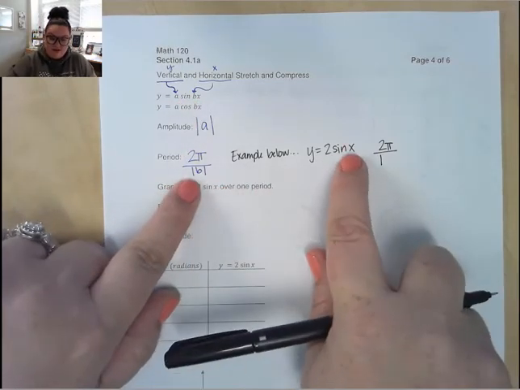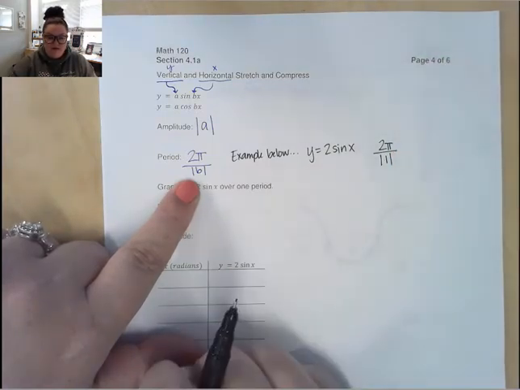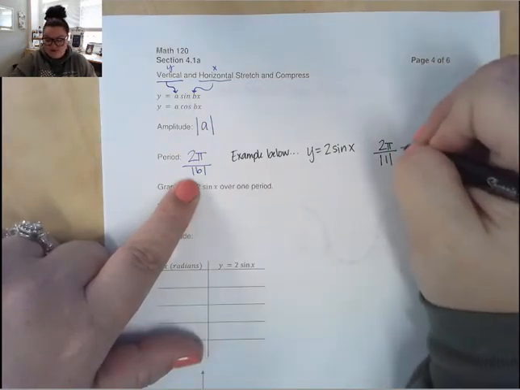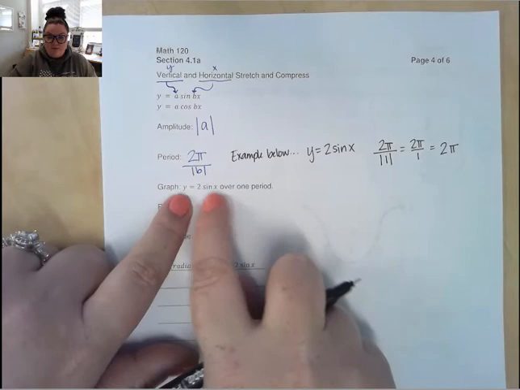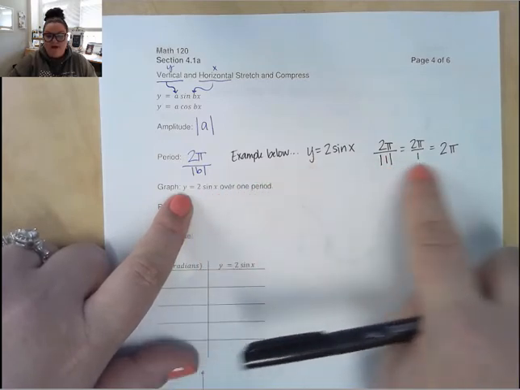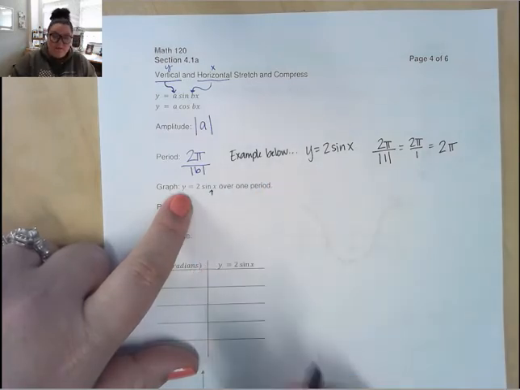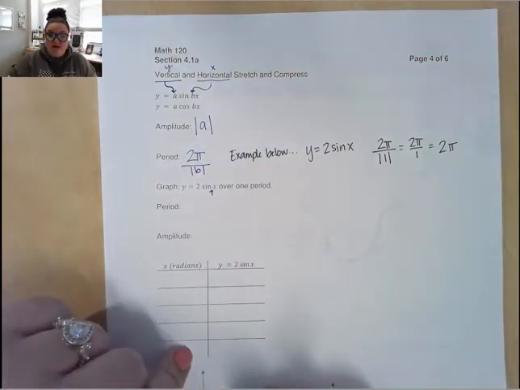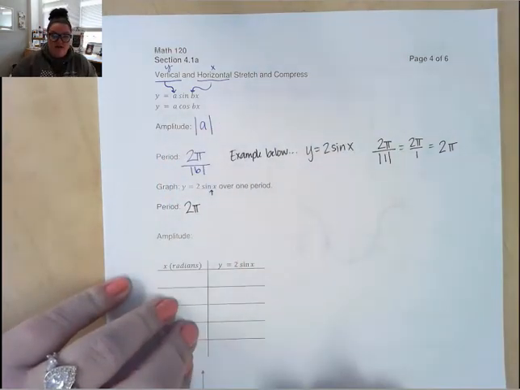There's no number in front of that x, so it's an implied 1. In other words, this would just be 2 pi over 1, which is just 2 pi. So in this example, our period has not been affected, because we did not have a b value in front of that x. Our period should still be 2 pi.